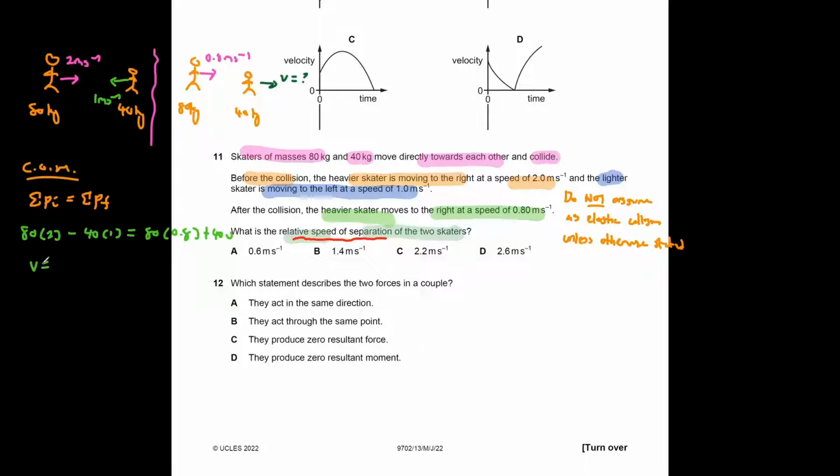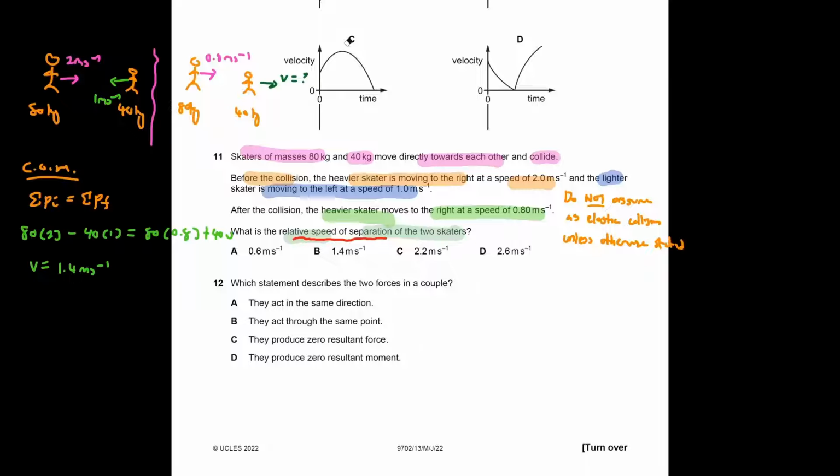So that your V is going to be a particular value. The value is going to be 1.4 meters per second. This is the velocity of the lighter skater after collision with the heavier skater.